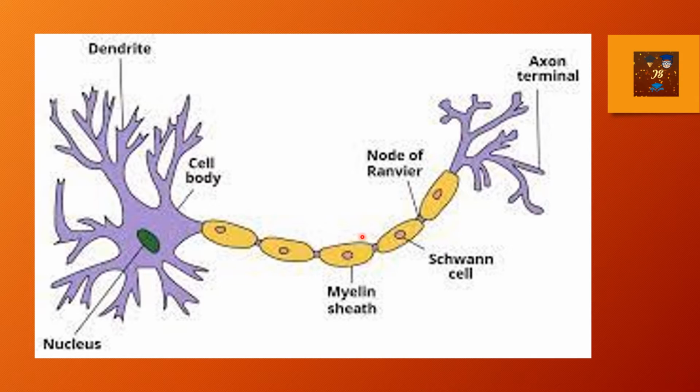Now come to this axon. Here we see that the myelin sheath is present, and this is the Schwann cell, it is also present. Here there is no myelin sheath, where the myelin sheath is interrupted. There we can see the nodes of Ranvier.